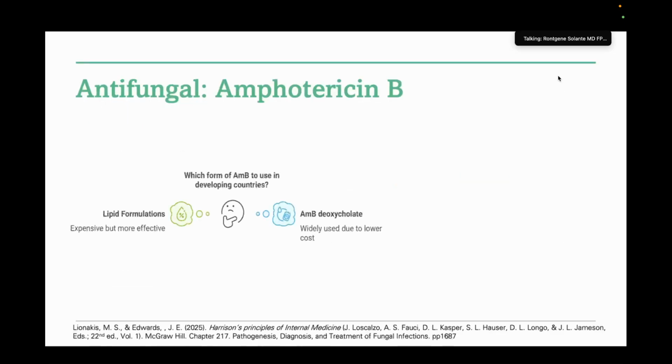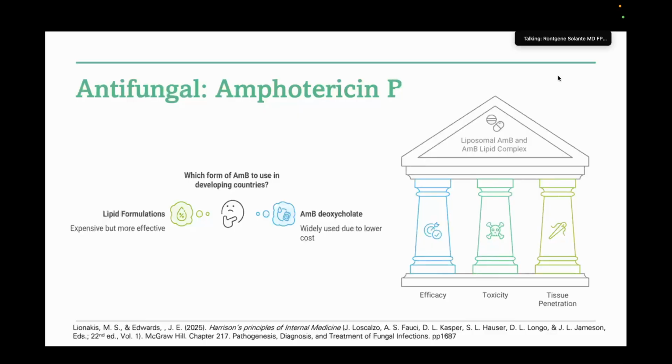Now, if you look at the evolution of amphotericin B, because of the toxicity, there are now new formulations that are effective but less toxic, compared with amphotericin B deoxycholate. These are in the form of lipid formulations, either liposomal amphotericin B or amphotericin B lipid complex.